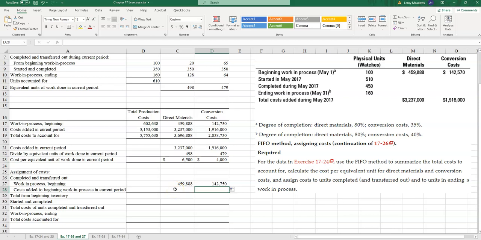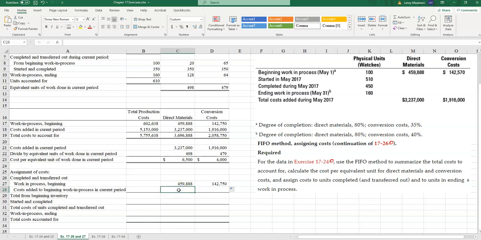Now, for my costs added to beginning work in process, those were costs I had already incurred in the previous period. Now I've got to account for the costs I incurred this period to finish off that beginning work in process so I can make it complete and transfer it out.